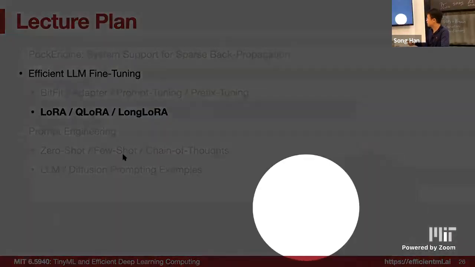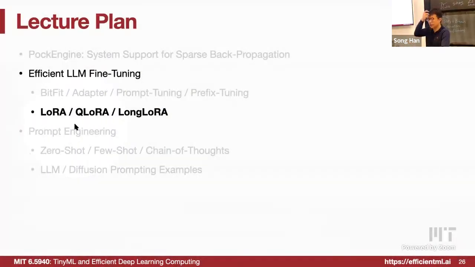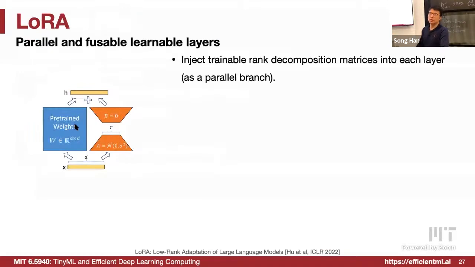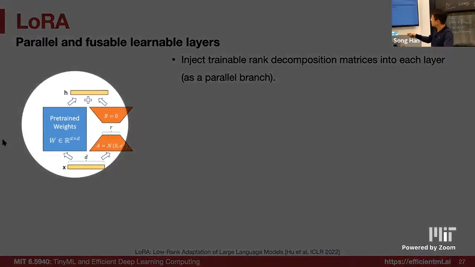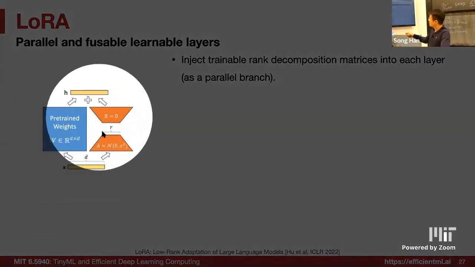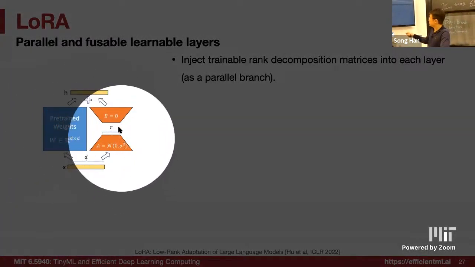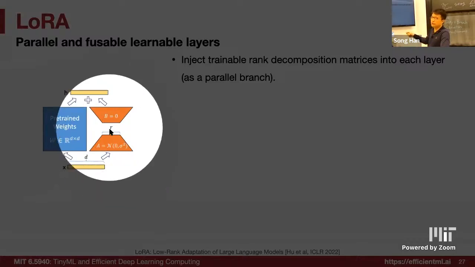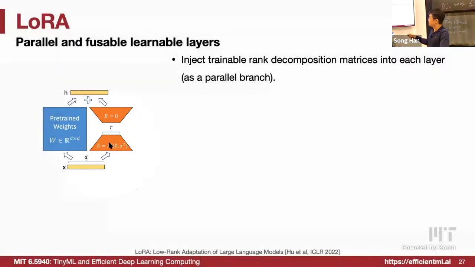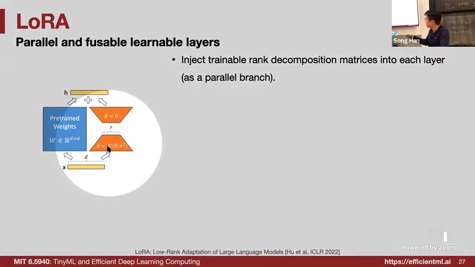So that is the LoRA family. And let's see how we use the LoRA family to fine tune without introducing actual latency. So this is the original pre-trained weight. What we are learning here is actually a side branch, learning those residuals, very similar to TinyTL, which is a low rank decomposed version of two FFN layers.